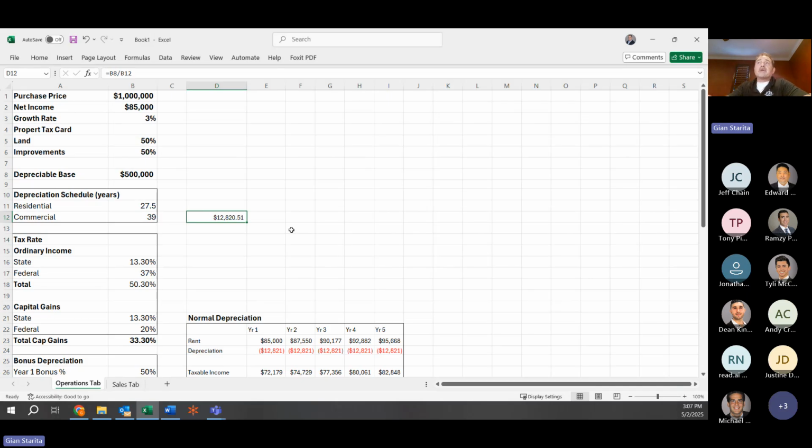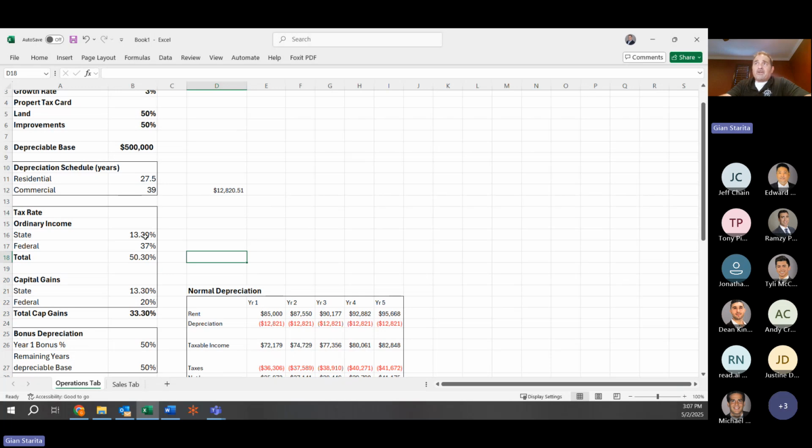In our discussions, I'm going to assume you're in California, and I'm going to assume you make a lot of money. So if you're in California, the top ordinary income rate is 13.3%. The top federal rate is 37%. So you could be paying as much on ordinary income as 50.3%. And I think there's actually ways that it goes higher than that, but that's what I'm using just for the examples.